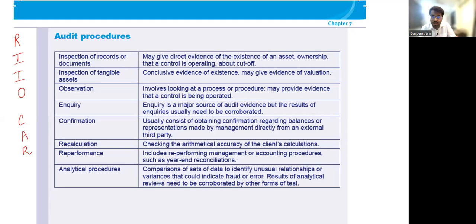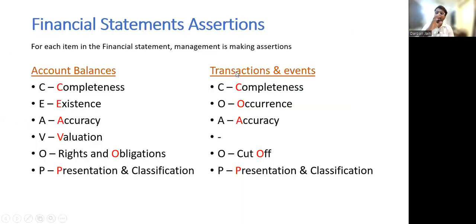Similarly, whether the cash amount which is being shown in the books of accounts exists or not. That is the check for existence. You're checking for existence with the help of inspection of tangible assets.